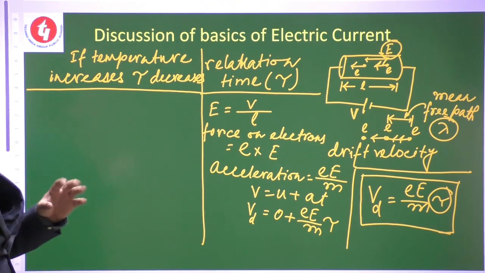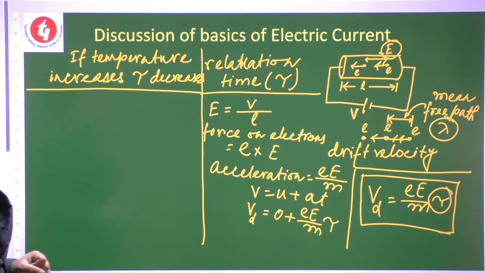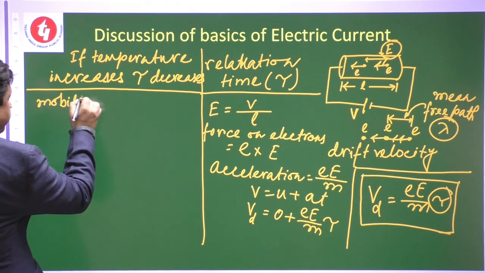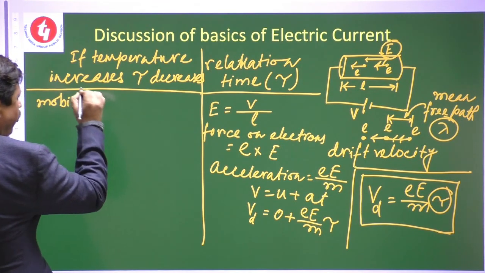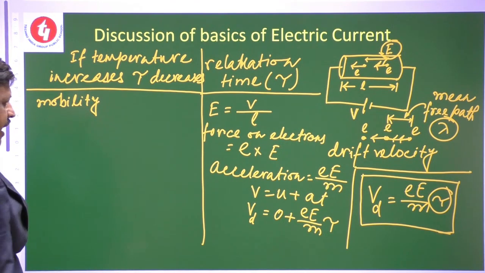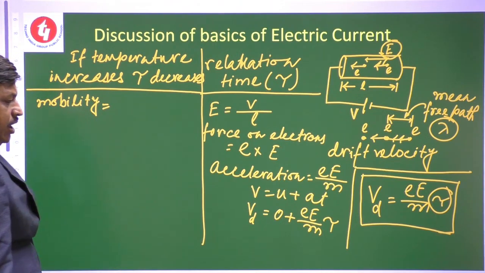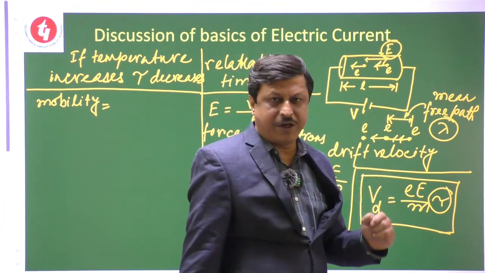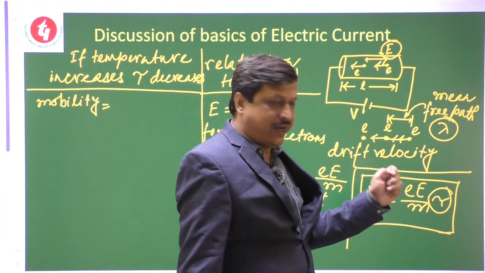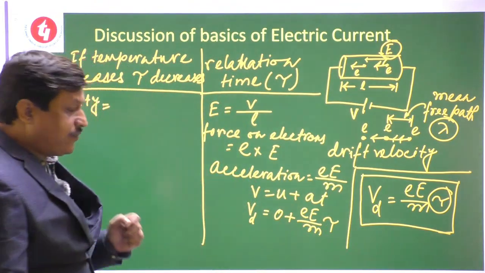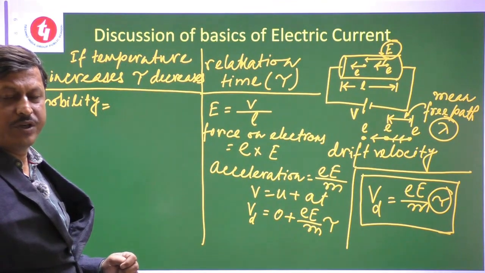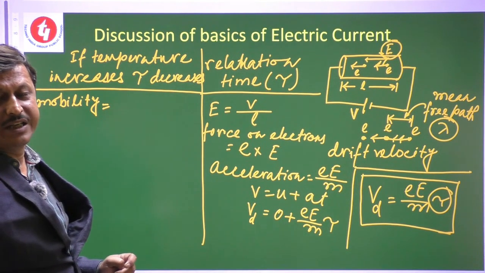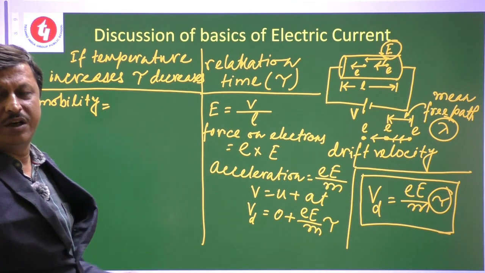Then there is a term called mobility. Mobility is defined as the drift velocity of a charge per unit electric field produced in the wire.